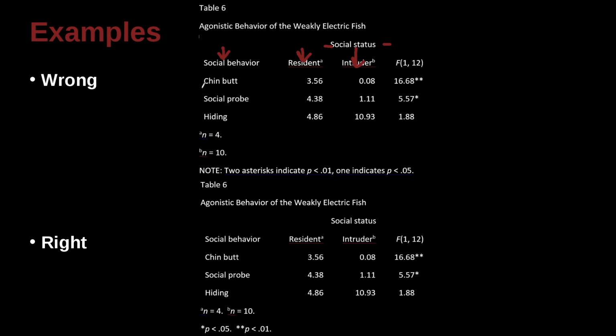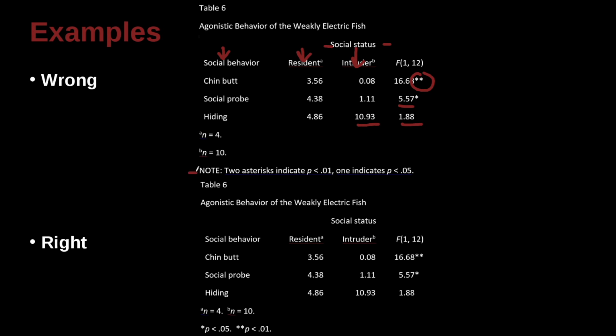And we've got these behaviors that the fish undergoes. And then we've got our numbers in here. How are they looking? 2 decimal places. They all have 2 decimal places. That looks good. We've got some asterisks here, which is going to be our probability note, right? So here we can begin to see the example has a problem.